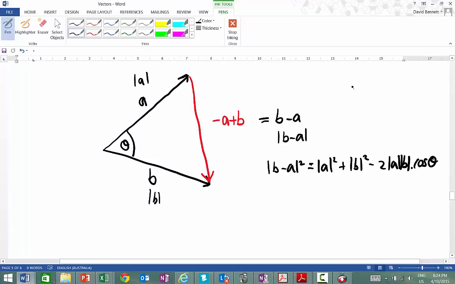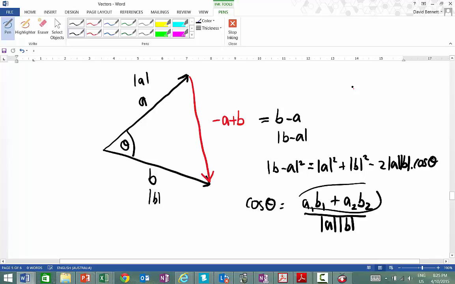So when we get to here, we're going to say cosine of the angle is equal to A1B1 plus A2B2 all over the length of A, all over the length of B. So this here is the dot product or scalar product, this bit here, okay?